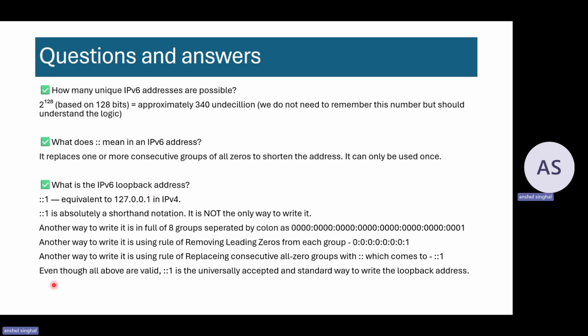Essentially all these syntaxes are valid, but ::1 is the universally accepted, standard way to write the loopback address for IPv6. If you ever encounter an IPv6 address like ::1, then it's the loopback address for the device.